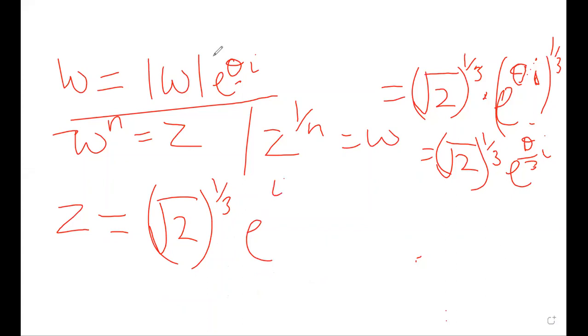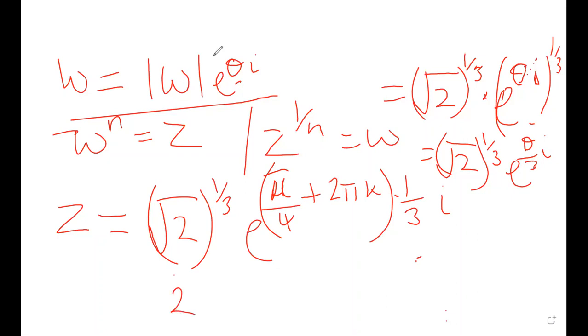So I'll write pi over 4 plus 2 pi k, multiplied by 1 over 3, and then obviously our i is there. If we simplify, we'll get 2 to the power 1 over 6.